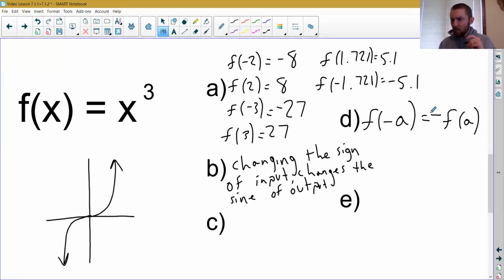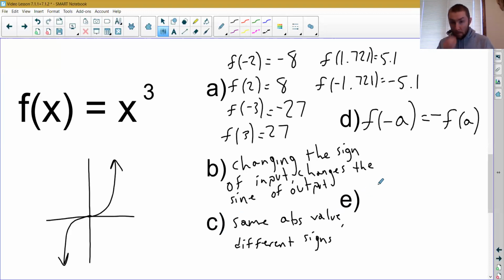So letter C says, if you input a and negative a for the function, what's true about the outputs? Well, they're the same absolute value, different signs. Okay, so that's algebraically what is true about odd functions.